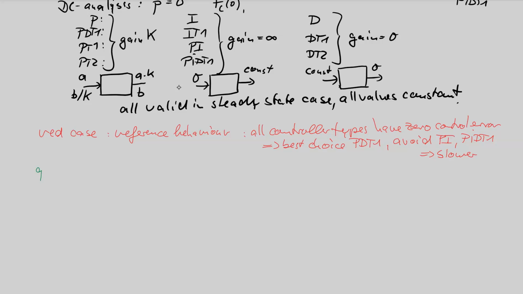We can say, green case, to compensate Z1, we need FC of infinity. FC of 0, sorry, 0 is possibly infinity, that means PI or PIDT1 controller.